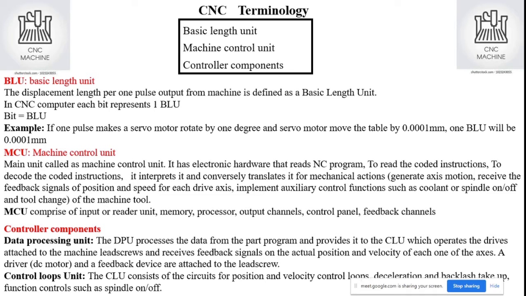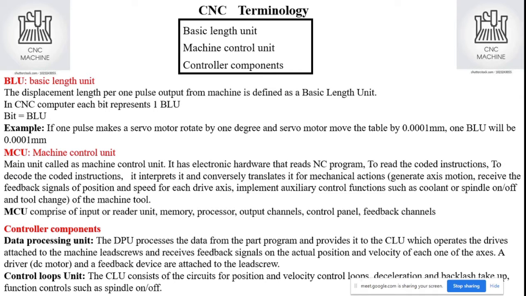First we go with the basic length unit, which is called BLU. What is basic length unit? It is the displacement length per one pulse, because every CNC machine is operated with signals, so the displacement length can be calculated with the pulses.